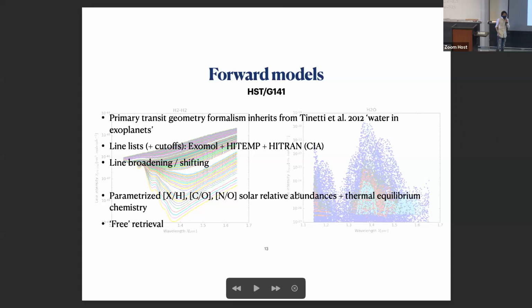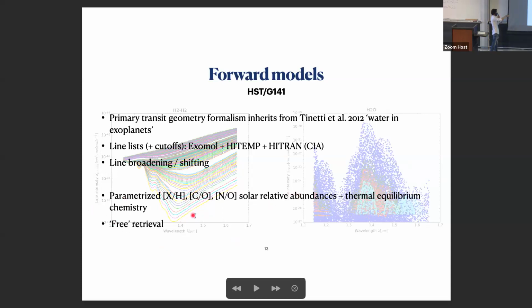Right. So that's what everything is doing. And for HST it's been doing an incredible job. I mean, when you're looking at ultra hot Jupiters, that's the first approach that you're going to take. The other family of models that Cerberus has is what we call some kind of free retrieval.